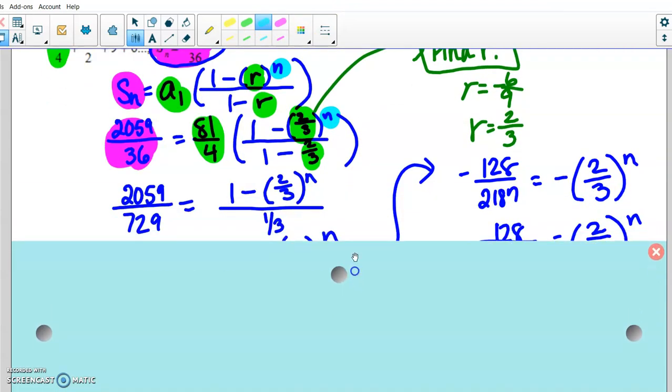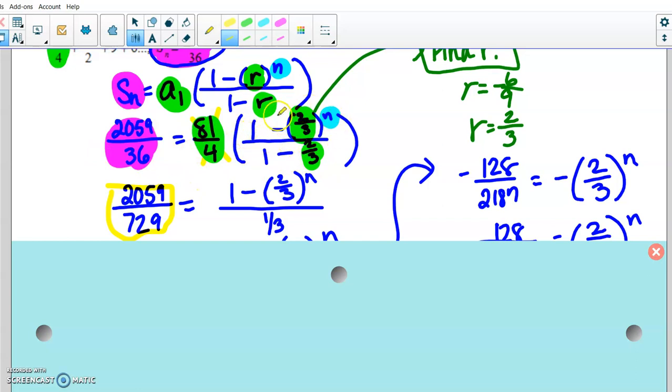So just like before, and this one's just a lot uglier, I would take what I highlighted in pink and divide it by what I highlighted in green, or multiply by the reciprocal. You should get 2059/729. So all I did is divide that on both sides so that it would go away.